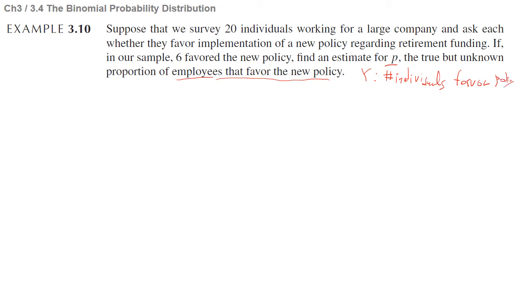Then Y would follow the binomial distribution with n equals 20 and p, which is unknown, and we'd like to estimate this p. What we observed is 6 favored the new policy among 20 individuals.